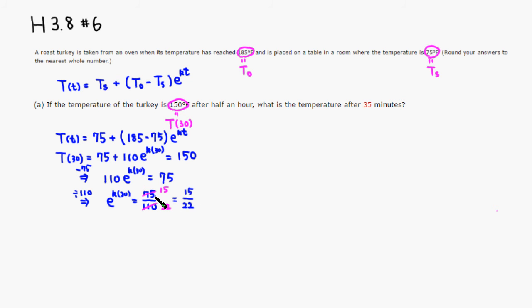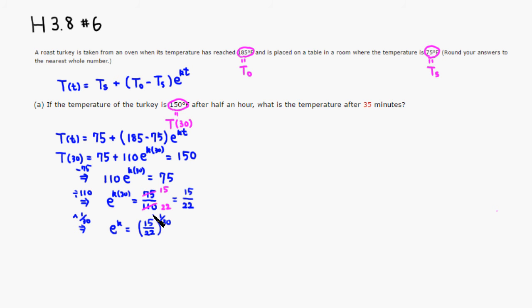Then we can raise both sides to the 1 over 30th power to get just e to the k. So e to the k is equal to 15 over 22 raised to the 1 over 30th power.